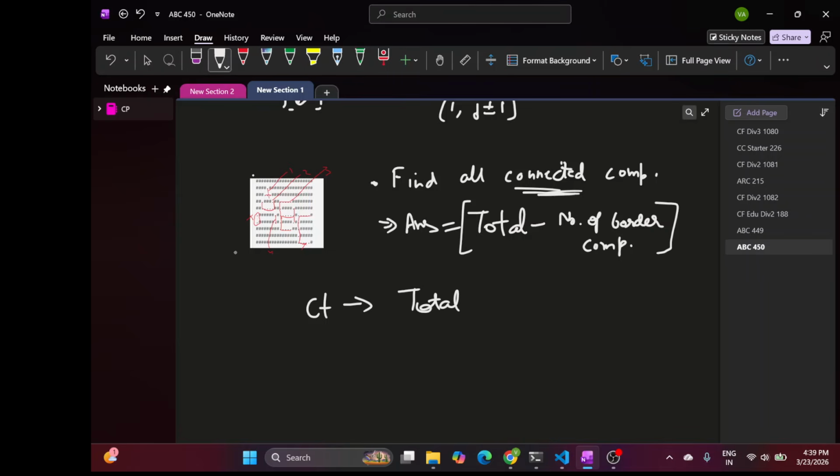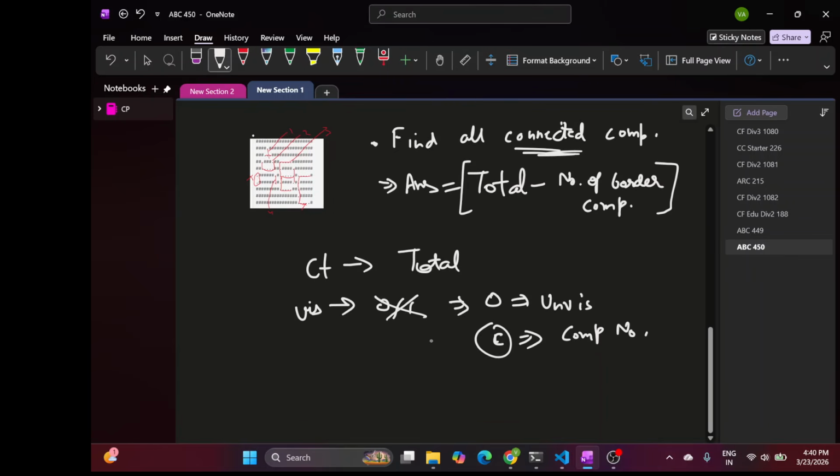And then in the visited array, instead of just storing 0 and 1, what we can do is 0 is unvisited, and we can store some i, and this is the component number, or you can say a C. And after each loop, we will keep increasing C as well.